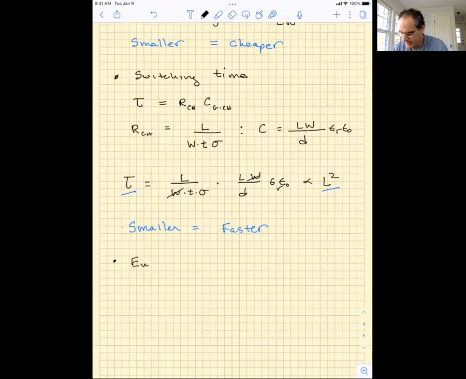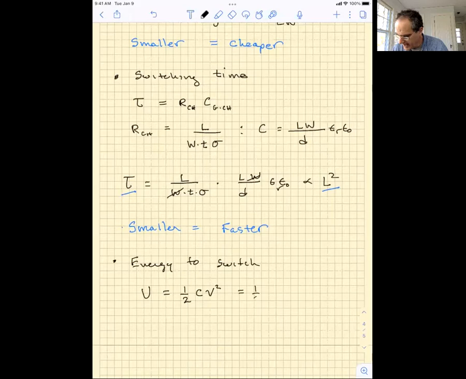How much energy does it take to switch a transistor from off to on? Okay? Well, the energy is equal to the energy that's stored in the capacitor when it's charged, because all that energy is dissipated when it's discharged. And of course, the energy stored in a capacitor is given by 1/2 C V squared.